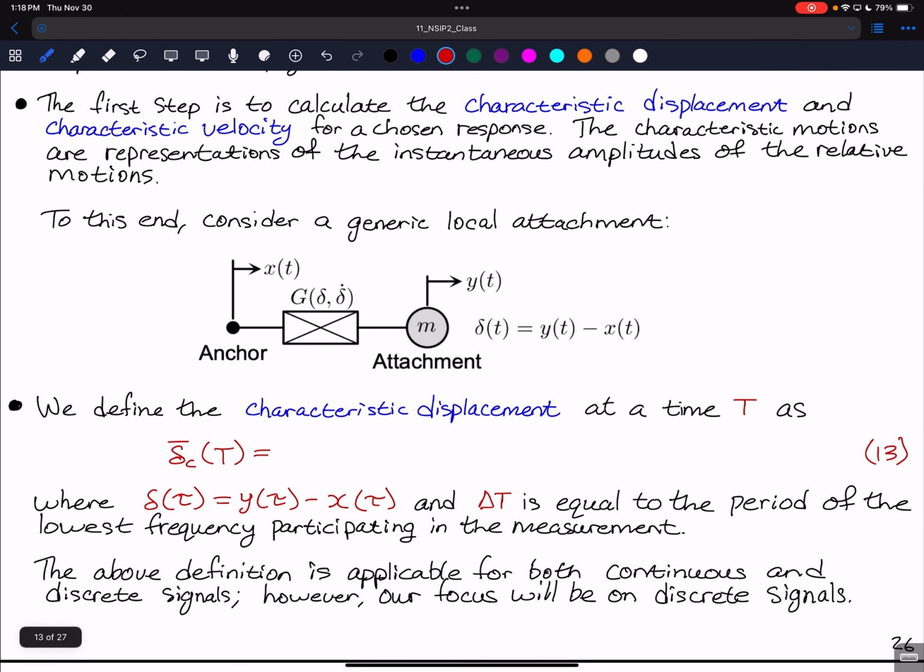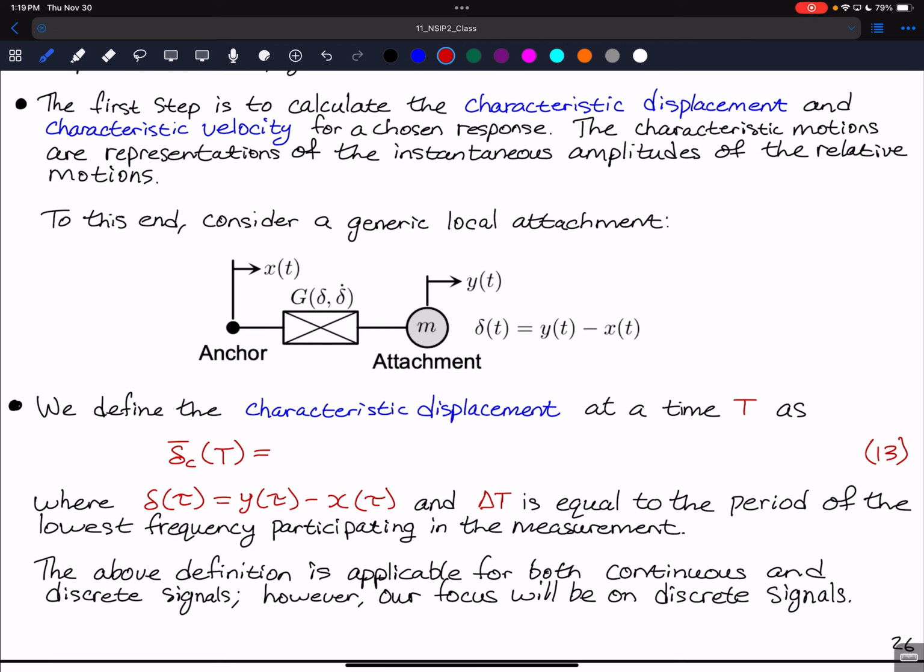So here we have the schematic showing the attachment. The anchor point is just the response where that attachment is connected to the primary structure, and we are not concerned with what the rest of the structure is doing. We only care about the motion at that attachment point. That structure could be very complicated, it could be a very simple structure. We don't care.